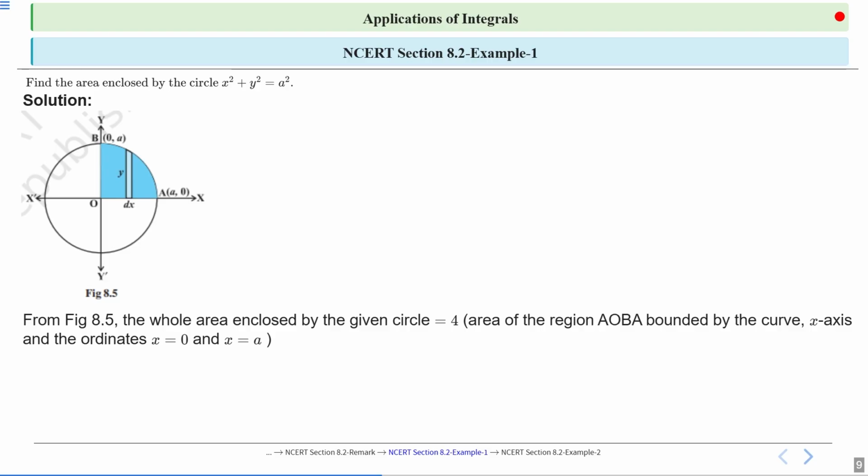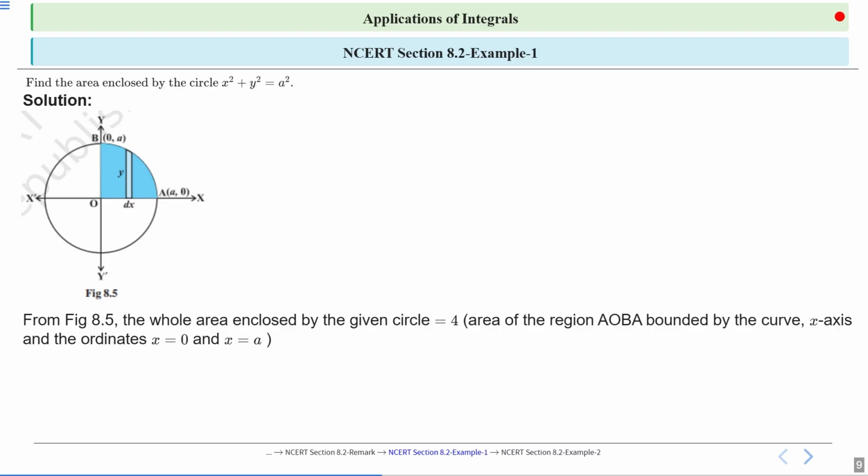Due to the symmetric nature, if we calculate the area AOBA and multiply it by 4, we get the entire area of the circle. Okay.